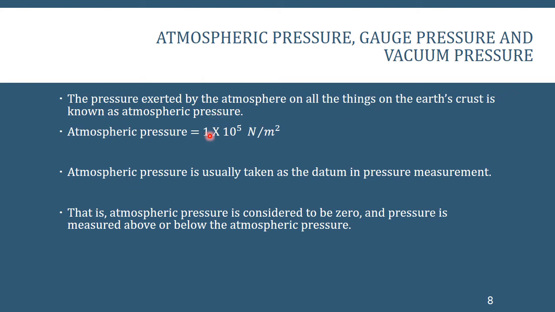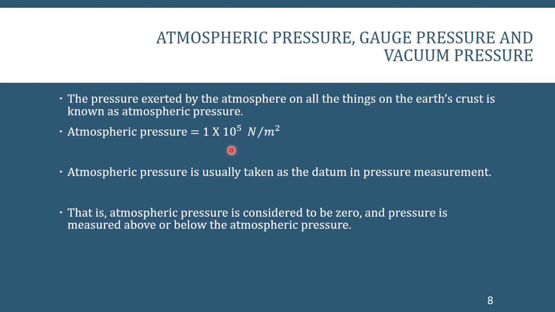Even though atmospheric pressure has a value equal to 1 into 10 raised to 5 Newton per meter squared, what we'll do is just like temperature, just like degree Celsius and Kelvin. 0 degree Celsius is taken as the datum and then temperature is measured either above 0 degree Celsius or below 0 degree Celsius. But actually, the actual measure of temperature is in Kelvin.